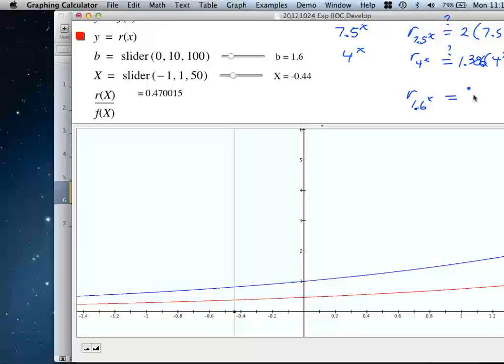So what function is the rate function of 1.6 to the x? Linwin, can you tell me? What's this rate function for the exponential function 1.6 to the x?